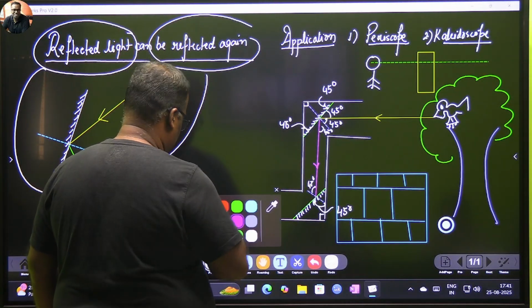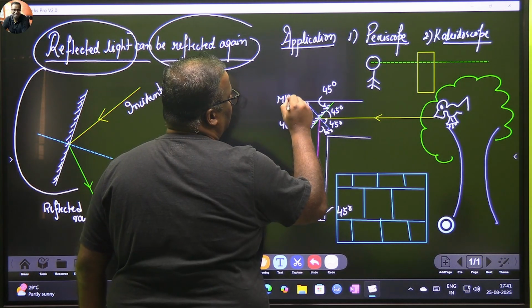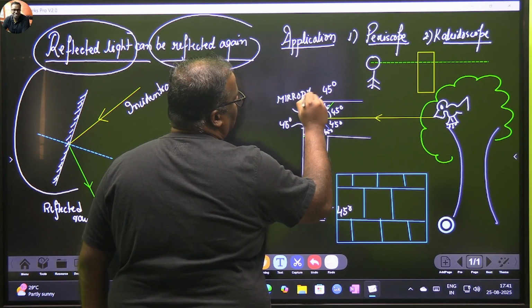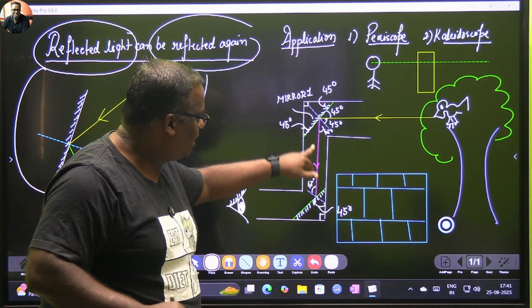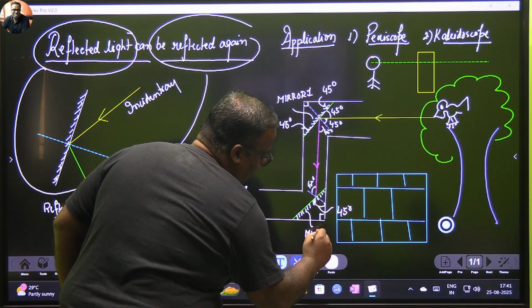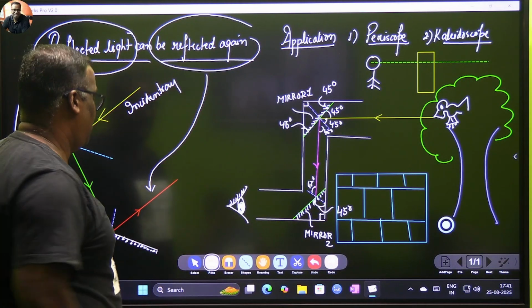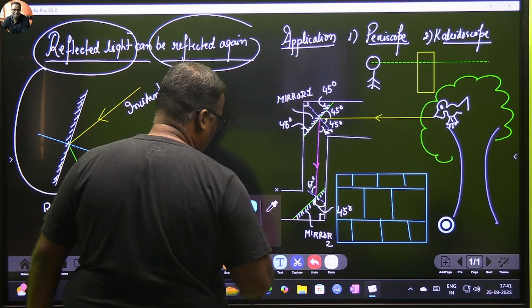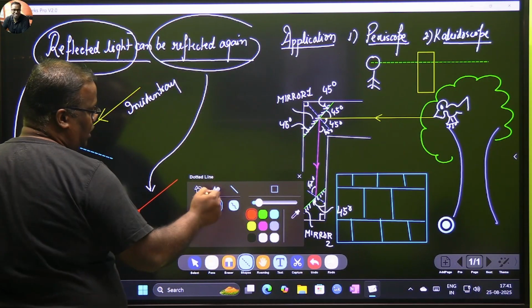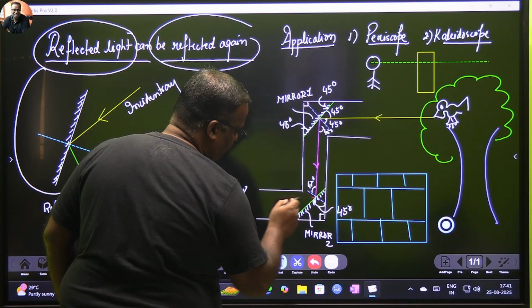So let's say that this is mirror 1. Whatever is the reflected ray of mirror 1 becomes the incident ray for mirror 2. So this is mirror 2, right? And finally, what will happen? Finally, our friend should get a reflected ray, which will come and hit straight away the eye of this person.